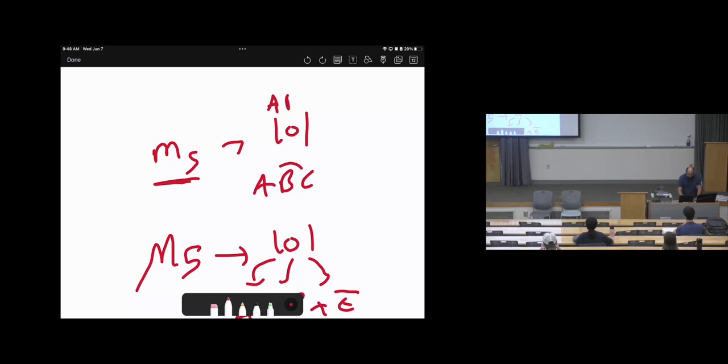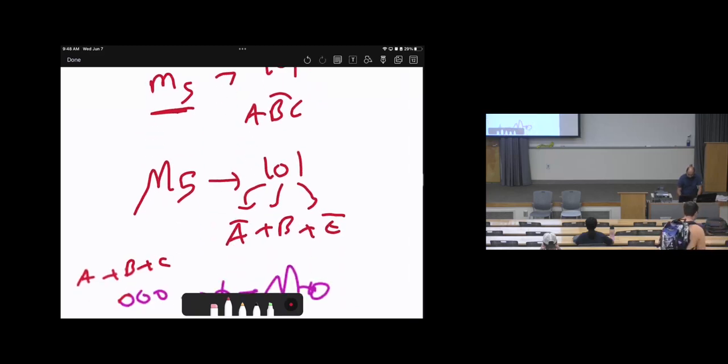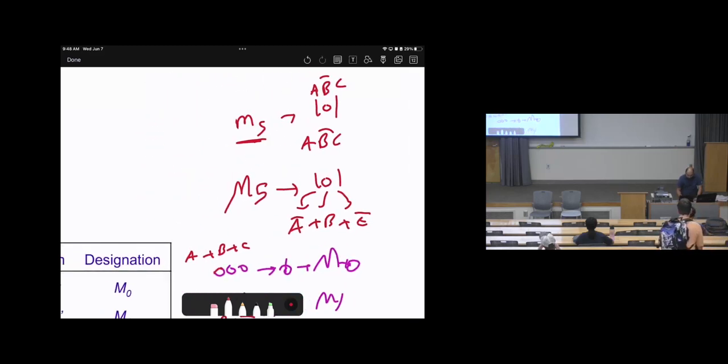When there is 0, we put a bar: A, B bar, C. While in max terms, it will be the opposite: instead of 1 it will be bars, and there will be addition, A bar plus B plus C bar. Okay?